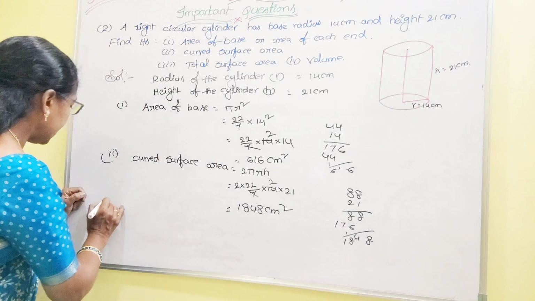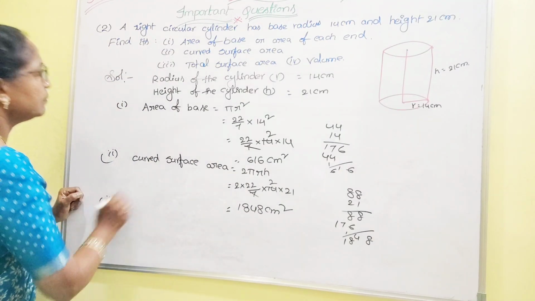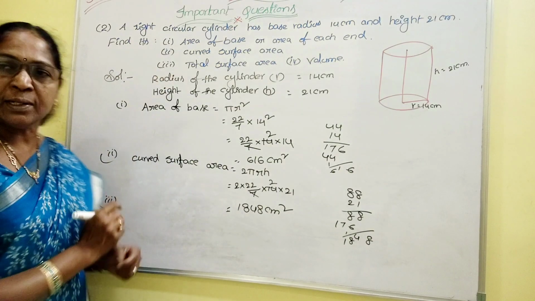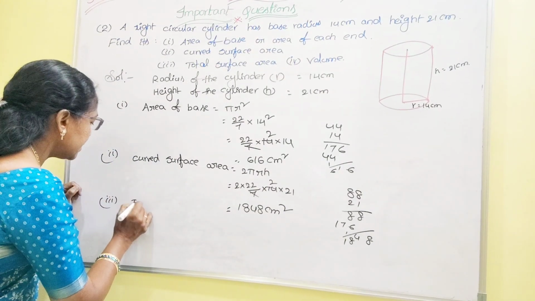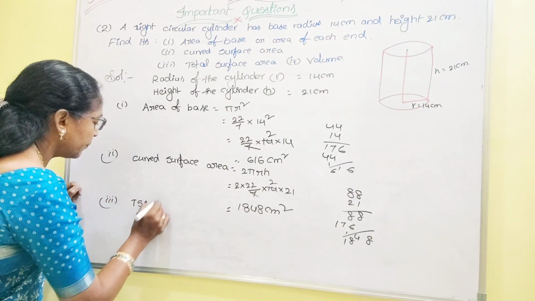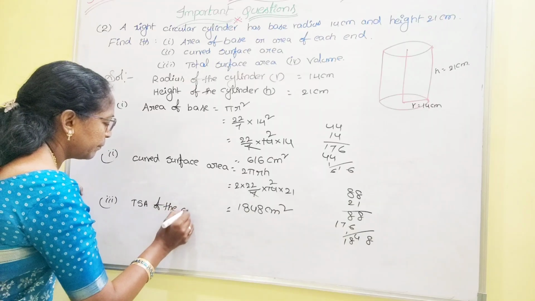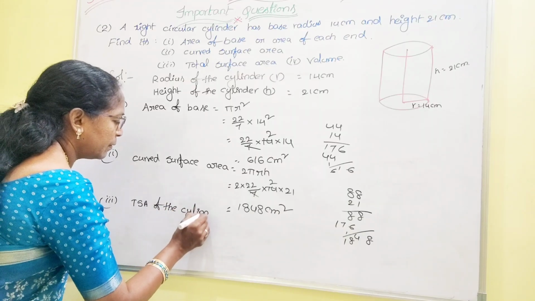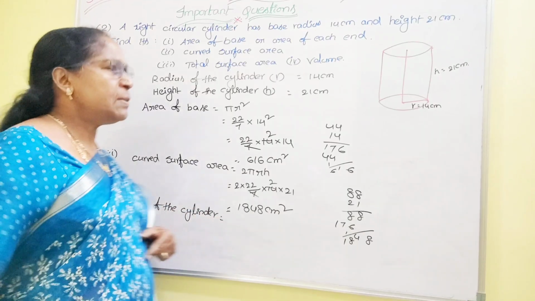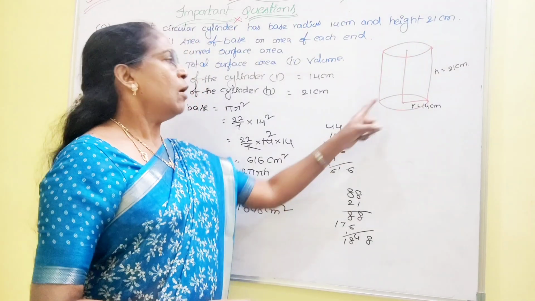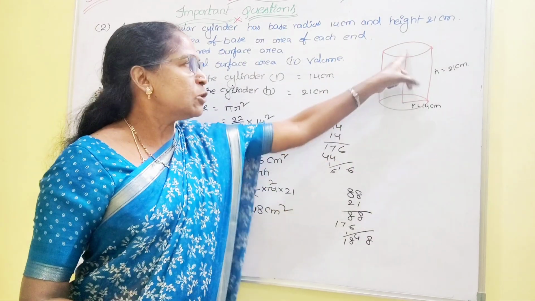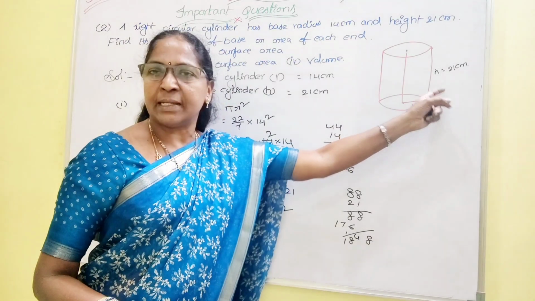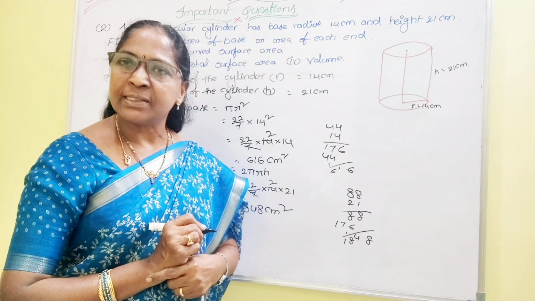Now the third one, what is the third one? Total surface area, TSA of the cylinder. TSA means the total surface area. Here 2 base areas are there, these two, plus this curved surface area. The entire thing is nothing but the total surface area.